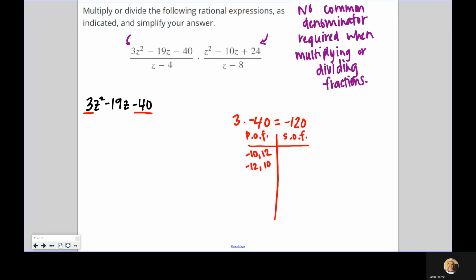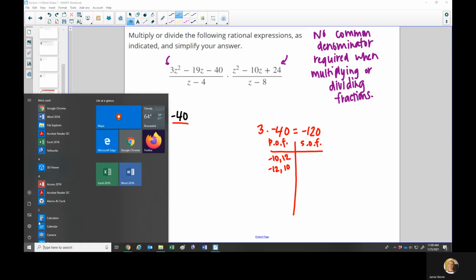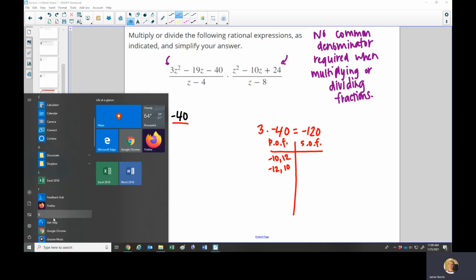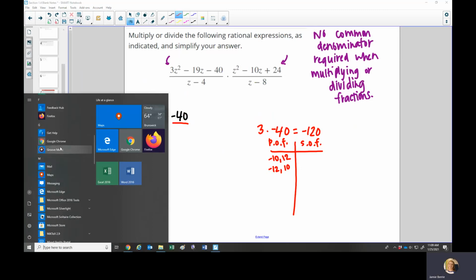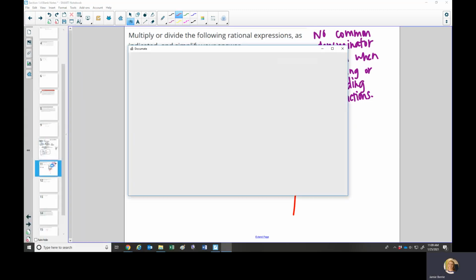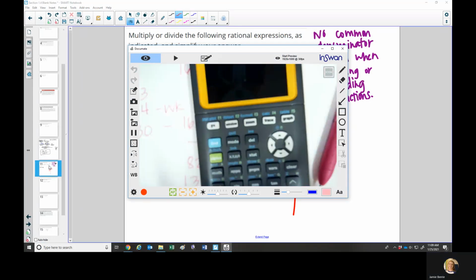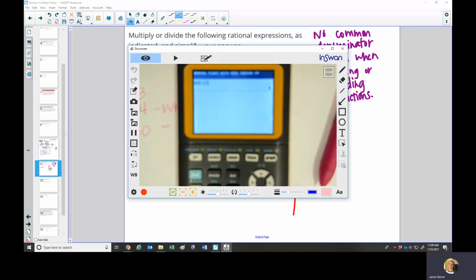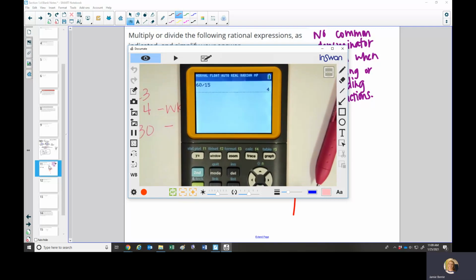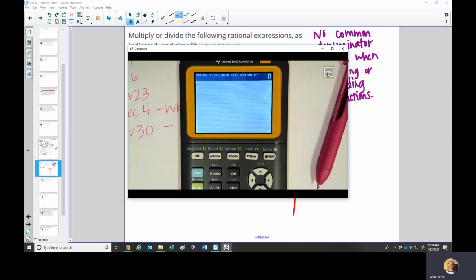What else? Let's see. I'm gonna pull up my little document camera, and we will do some of this work on our calculator. Okay, focusing, there we go. All right, so factors of 120, let's try 4. 120 divided by 4 is 30.